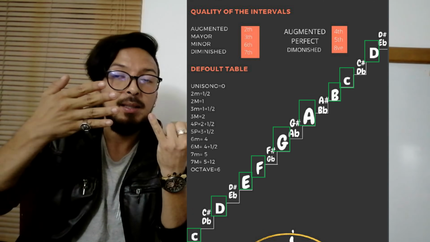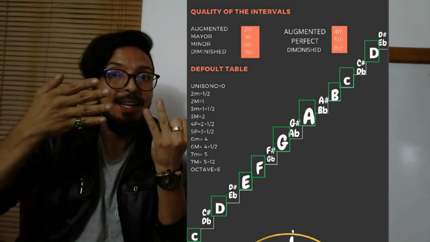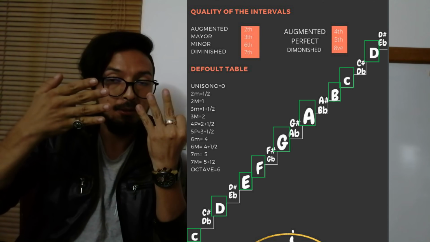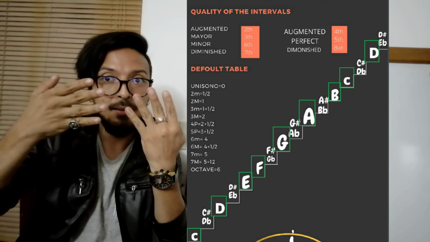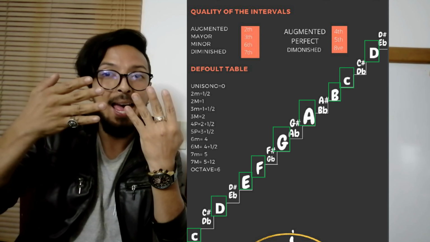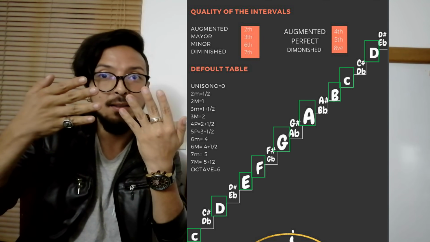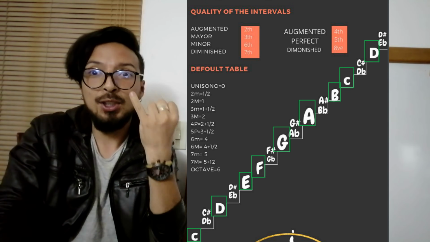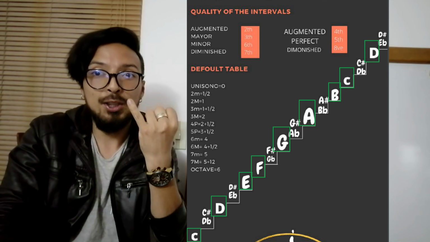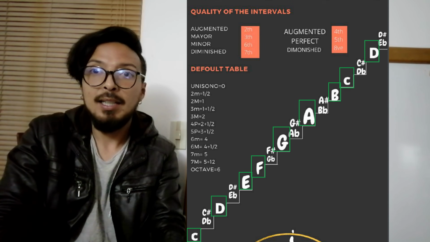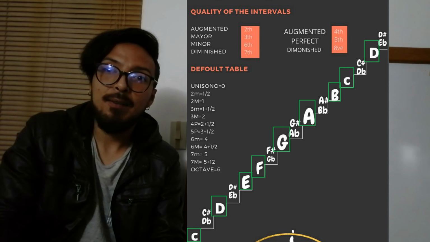D sharp to E, E to F, F to F sharp, F sharp to G, G to G sharp, and G sharp to A. So we count 12 half steps.